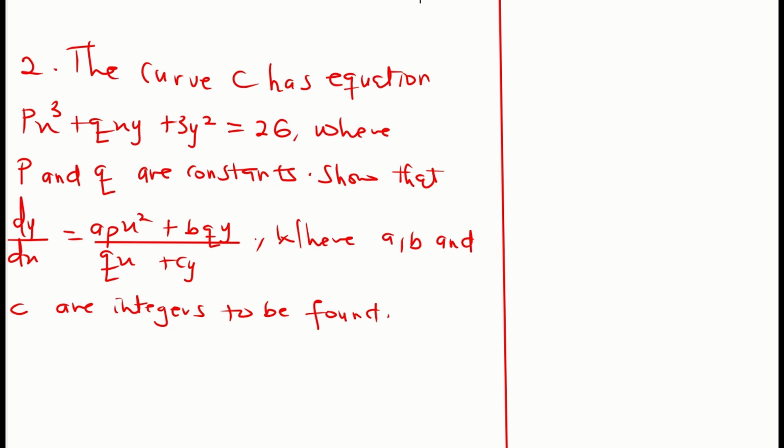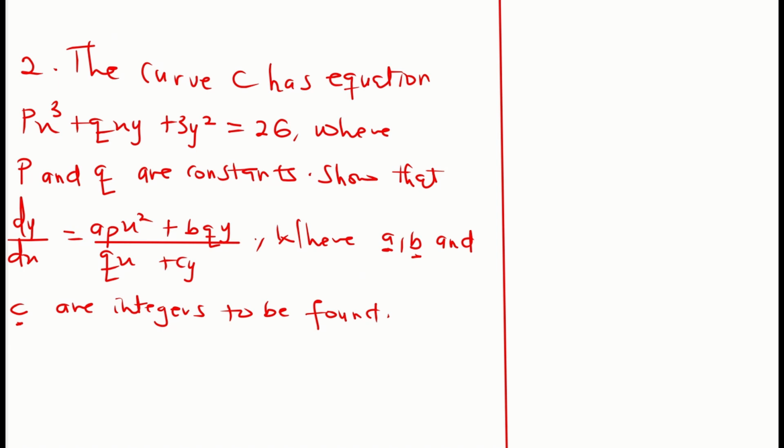Show that dy/dx, the first derivative of the function, is apx squared plus bqy all over qx plus cy, where a, b, and c are integers to be found. It means at the end we are going to look for the values of a, b, and c.